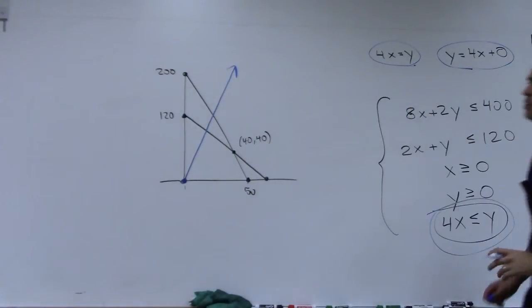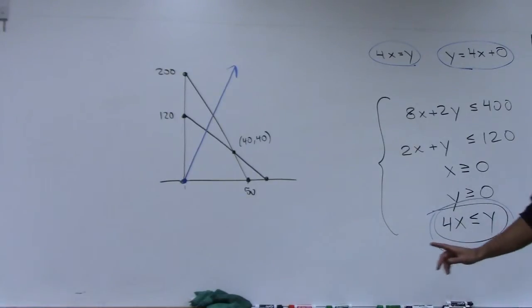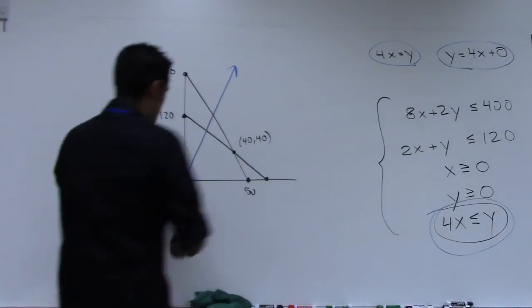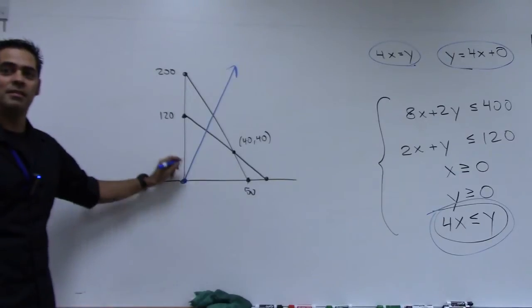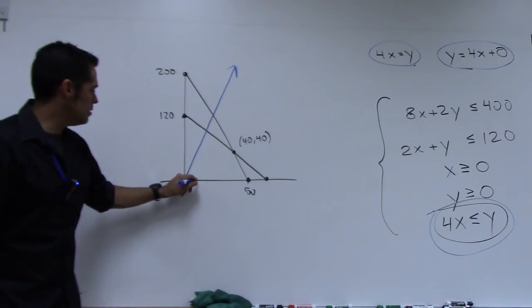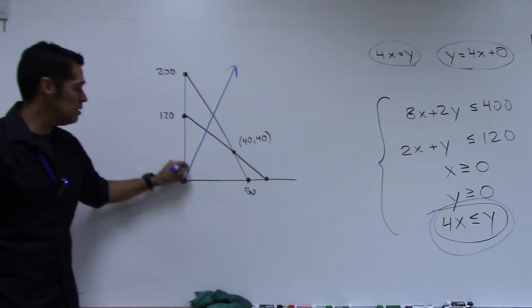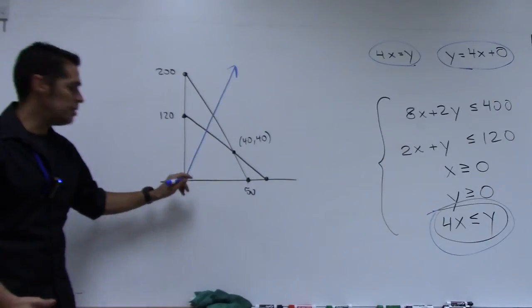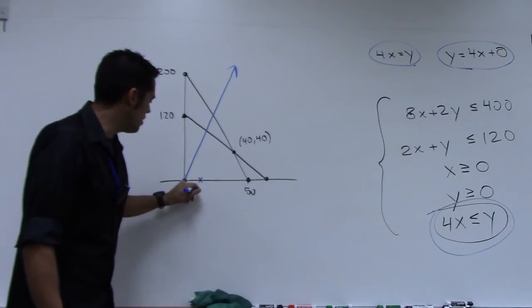Which side of the line do we shade? We have to pick a test point. What would you test? 0, 1, 0, it doesn't matter. I'm going to test 1, 0.